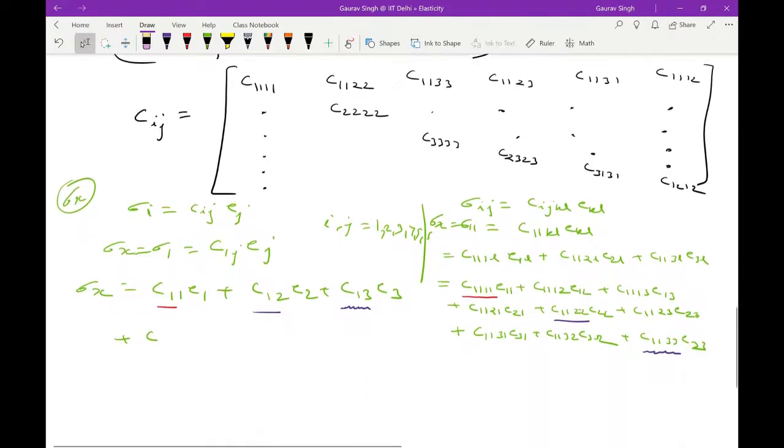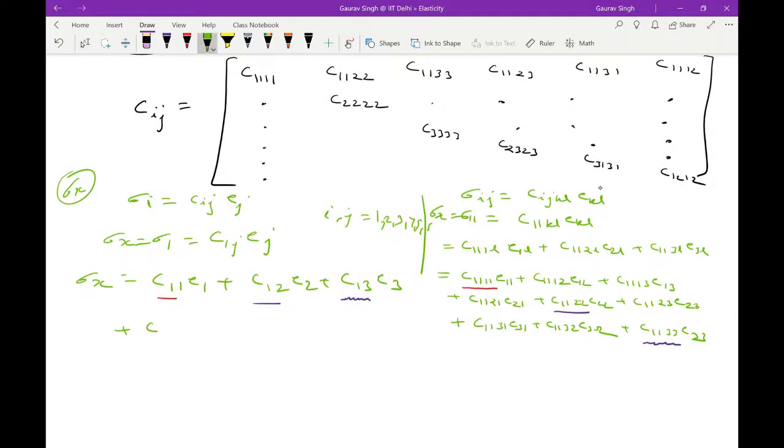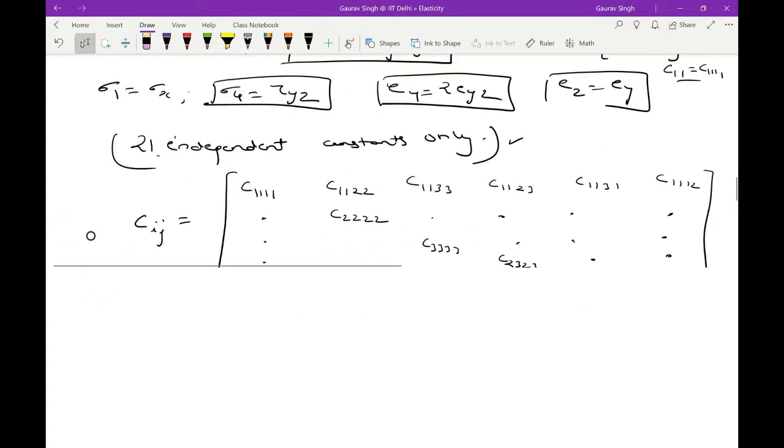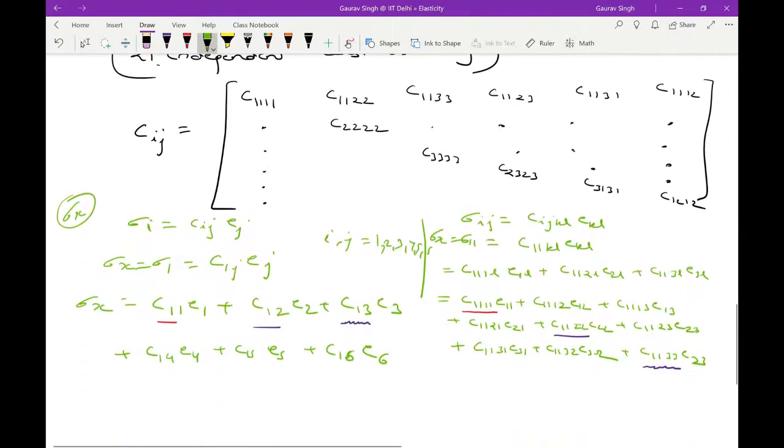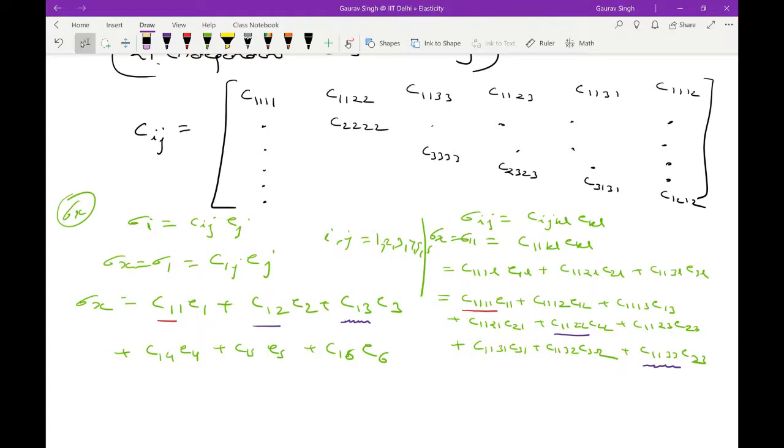So plus C14E4 plus C15E5 plus C16E6. Now what is E4? E4 is 2 times EYZ. So I will write it as 2 times EYZ.